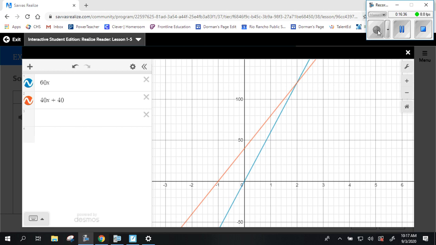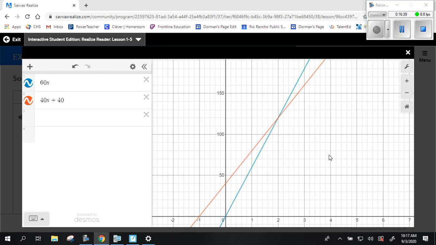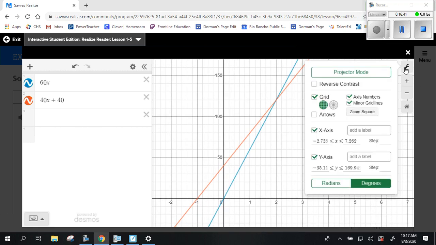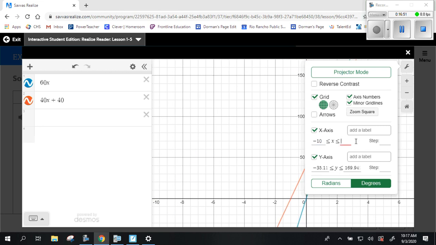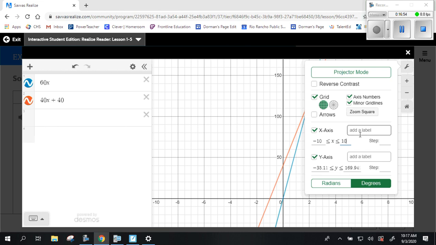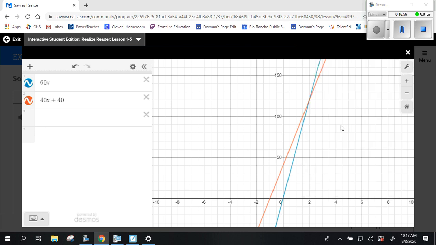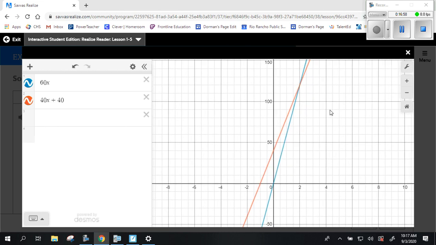I went to my settings, and what we can do is change your x-axis to be from -10 to 10 in your settings. And you're going to get a much nicer looking picture of this, and you'll be able to see this intersection here at the point (2, 120). So what does that point signify?